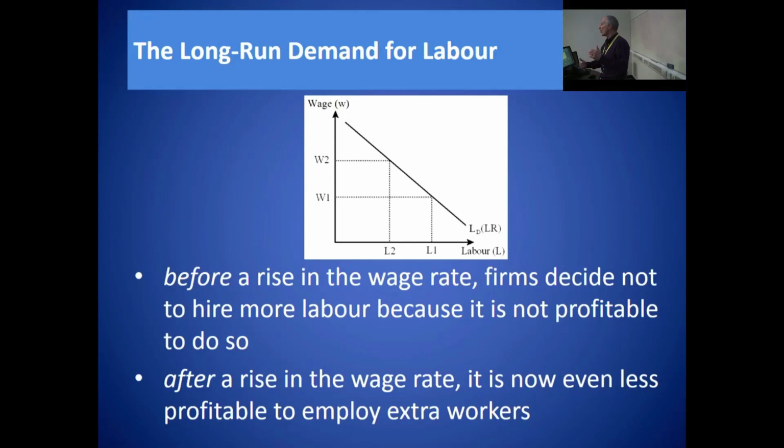You could take the long run factor demand for capital if you want, and exactly the same arguments apply. The only response to an increase in the price of a factor input is to reduce the amount you use. And hence, the long run factor demand schedule will always slope downwards.